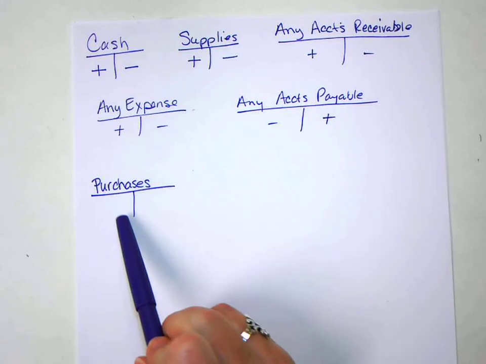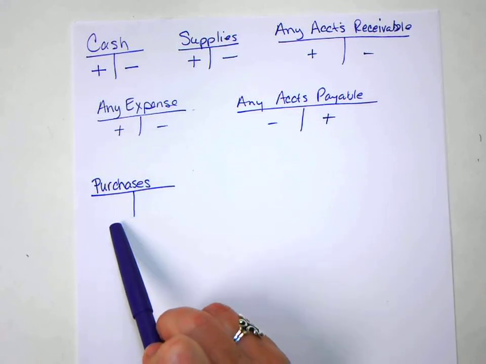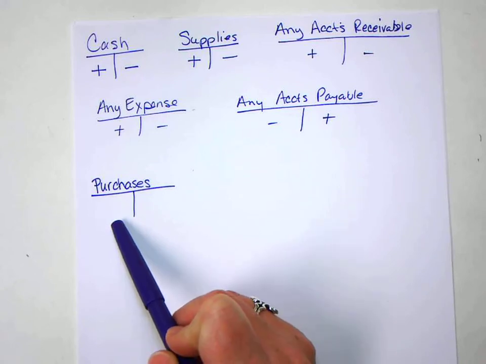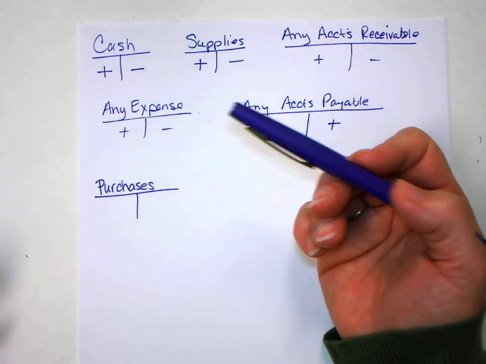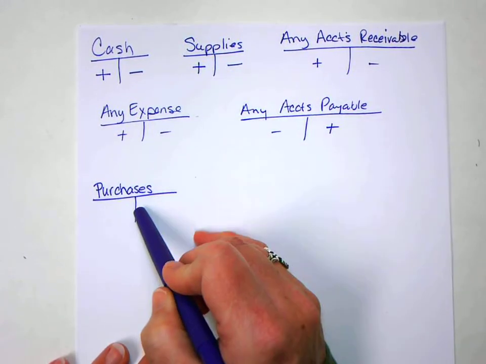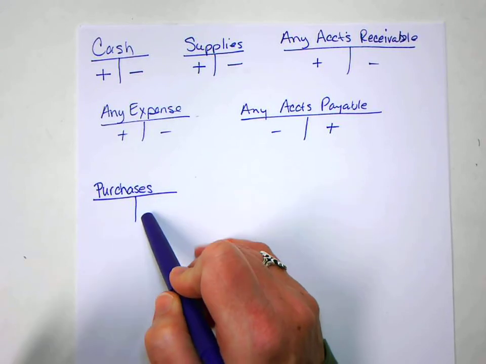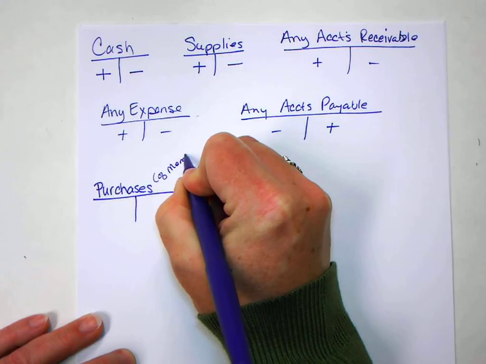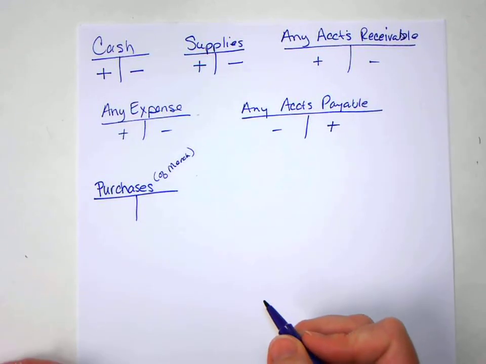So when we buy the widgets, we're going to keep track of it in the purchases account. If we buy printer toner, it's a purchase, but it's a purchase of supplies. Okay? So just remember that this is only the purchase of merchandise. If you want to put a little note out there, just to remind yourself.